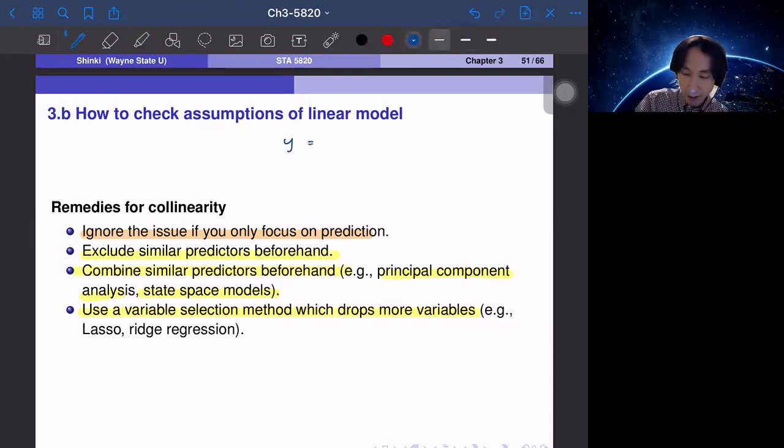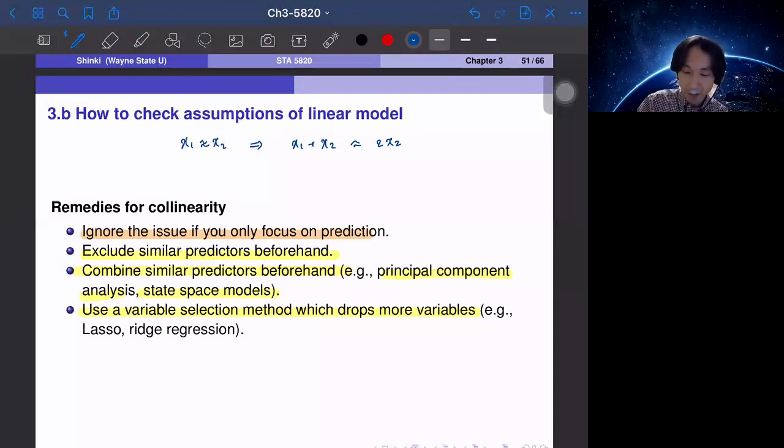We see that if x1 and x2 are similar, maybe we have seen that x1 plus x2 and 2 times x2 are similar. So it doesn't really matter much for the predicted value.